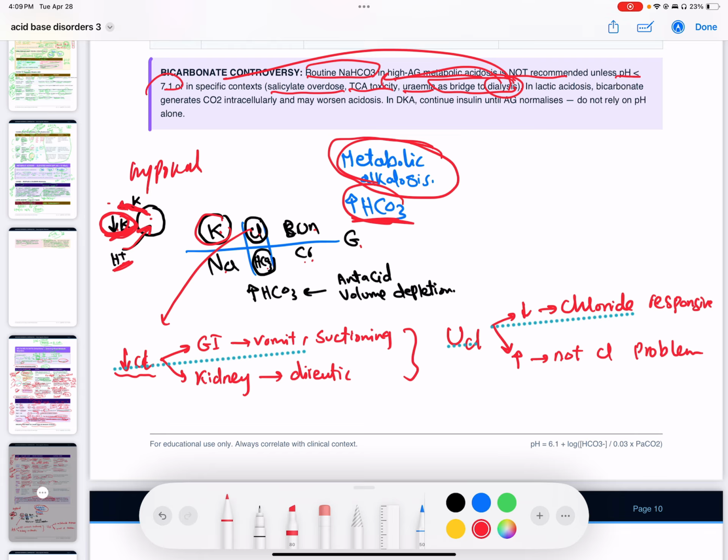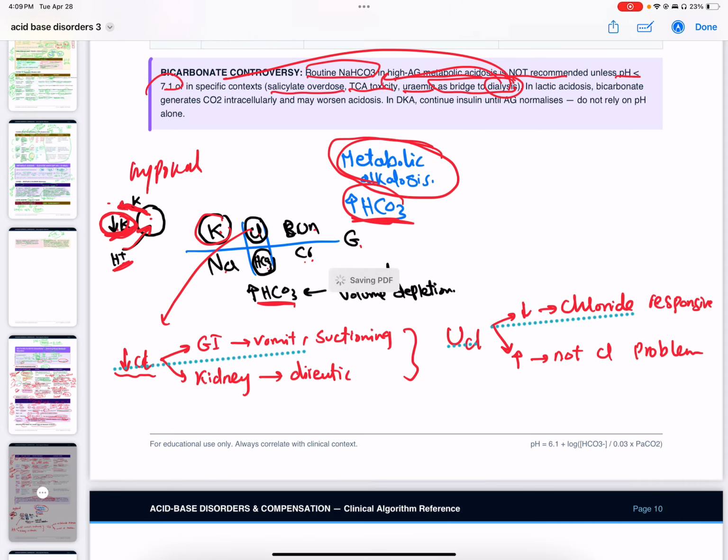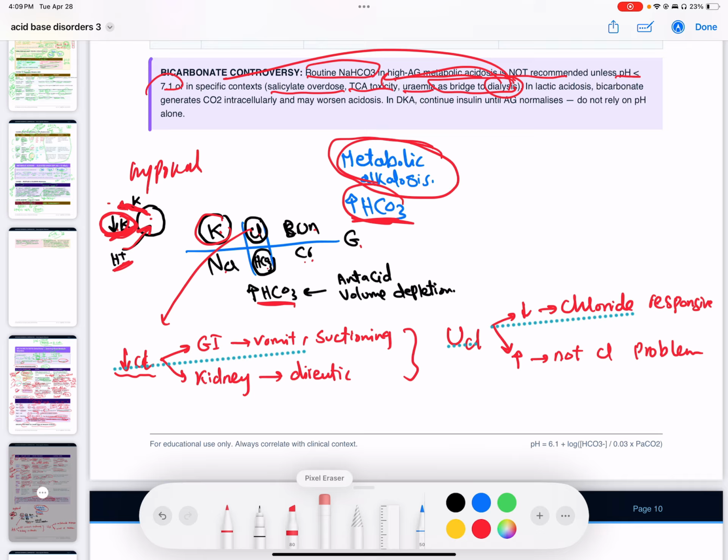Another thing is the bicarb itself. If you are given antacids, some antacids have bicarb in them, and the other thing is volume depletion, where you have concentrated bicarb.